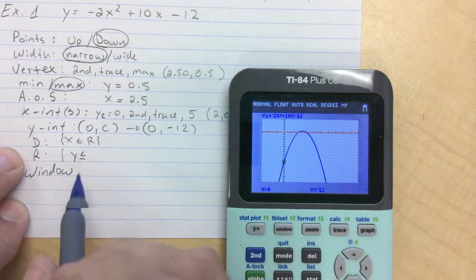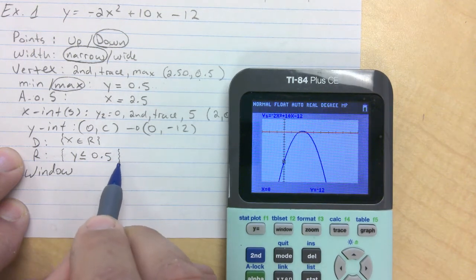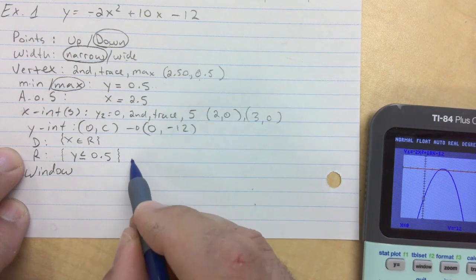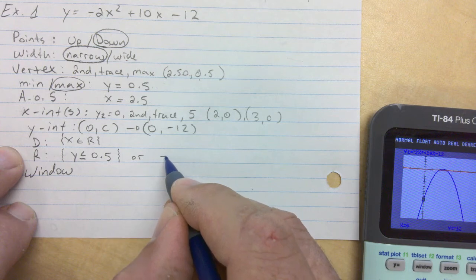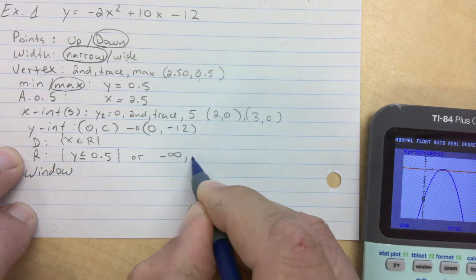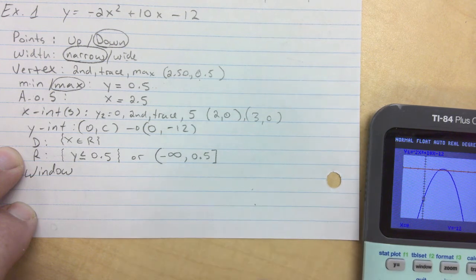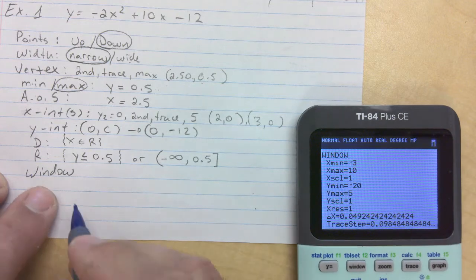It's going to be less than or equal to 0.5. Okay? So y is less than or equal to 0.5, or this one I'm going to do both, right? You could say negative infinity all the way to 0.5, like that.